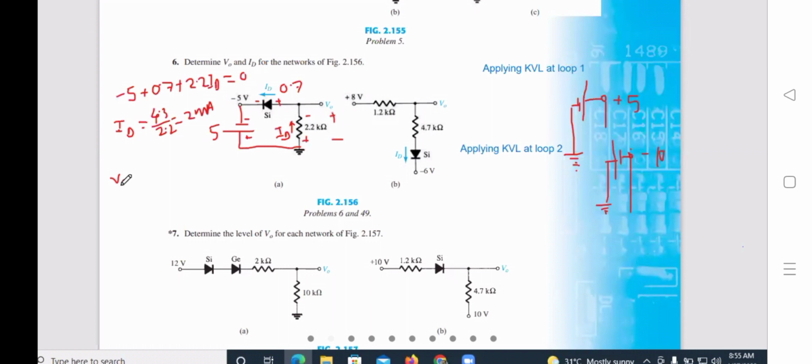So VO equals to minus ID into 2.2, minus I into R, equals to minus 4.3 volt. Why am I writing 4.3? Because it is actually 4.3. From 5 volt, 0.7 will be lost here, 4.3 will get here. So VO equals to minus 4.3 volt.